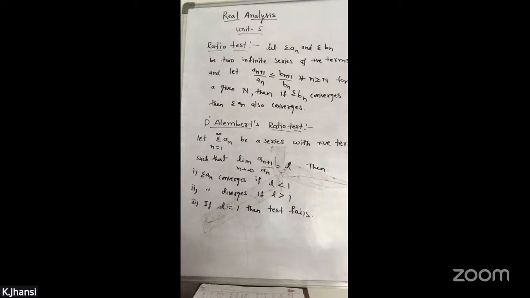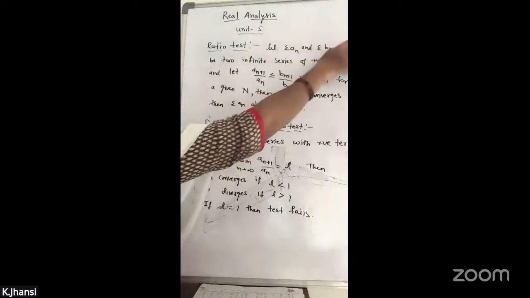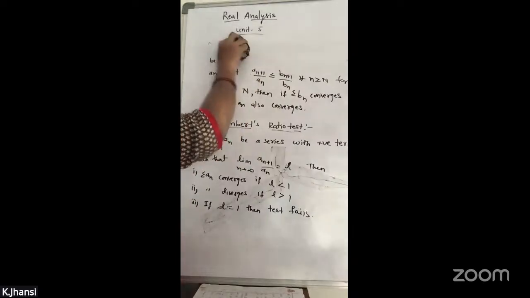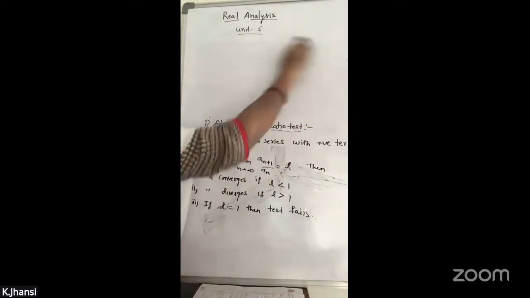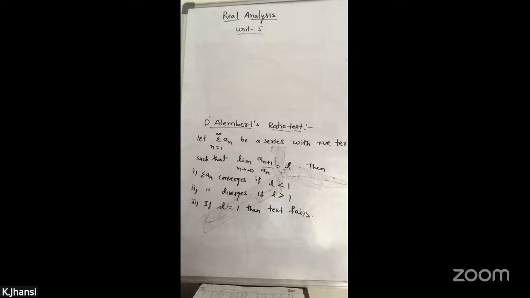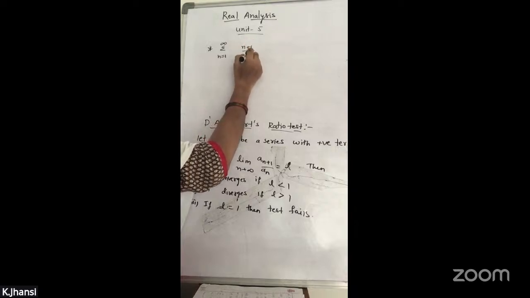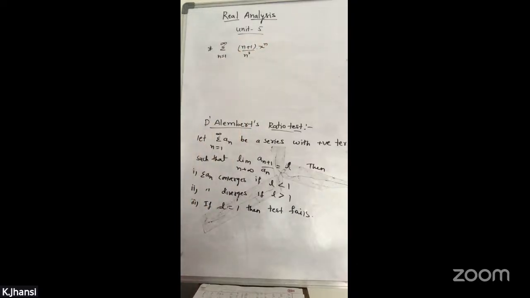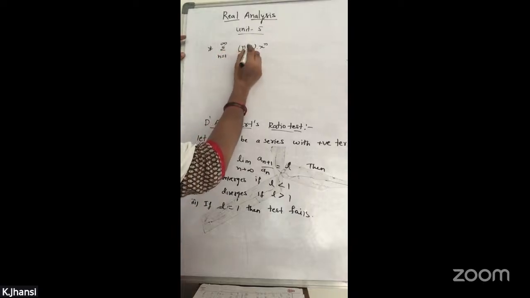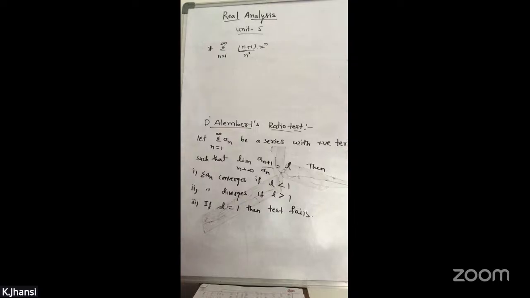Okay. So this is the exercise problem you have. The problem is summation n equals 1 to infinity of n plus 1 by n cube into x to the power of n.